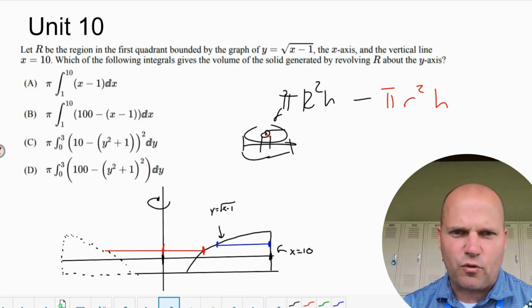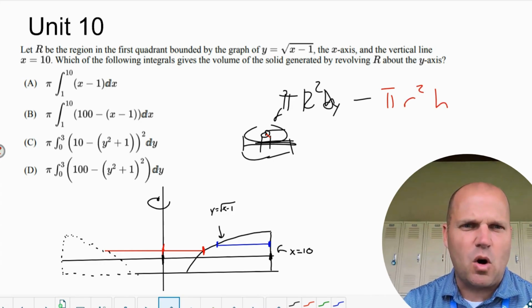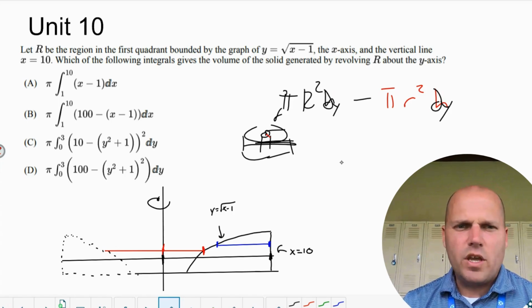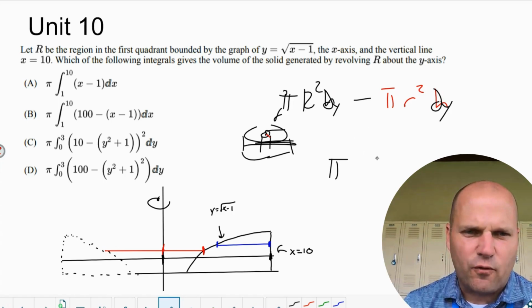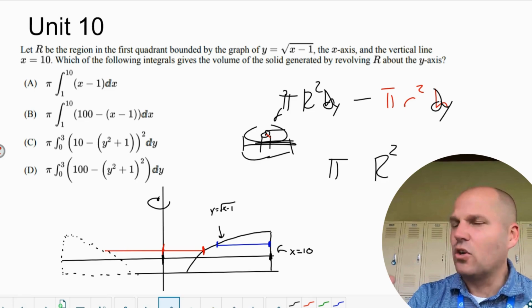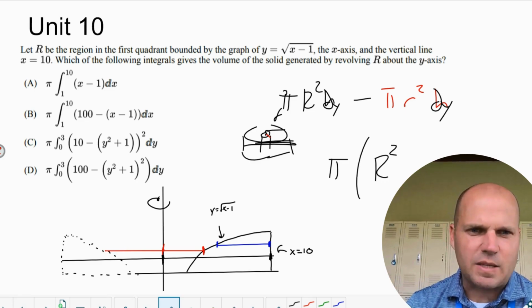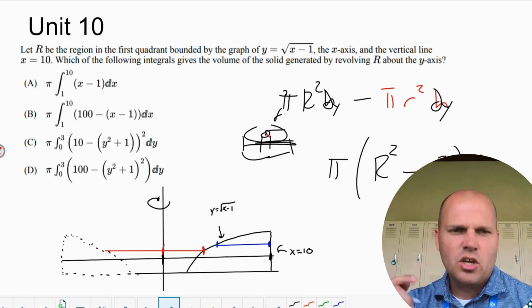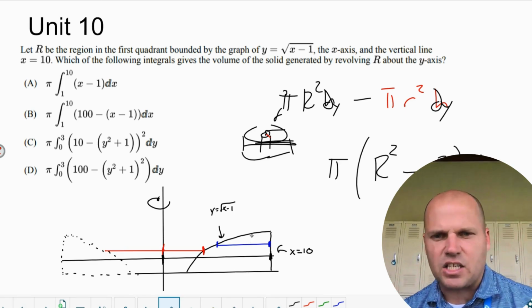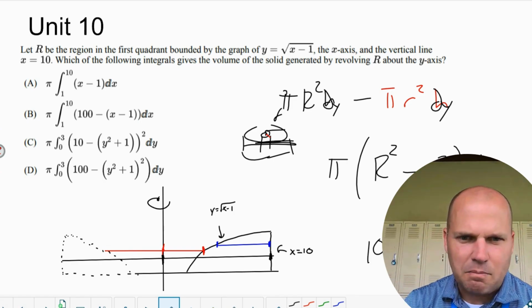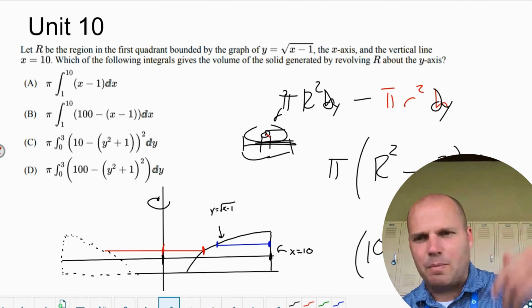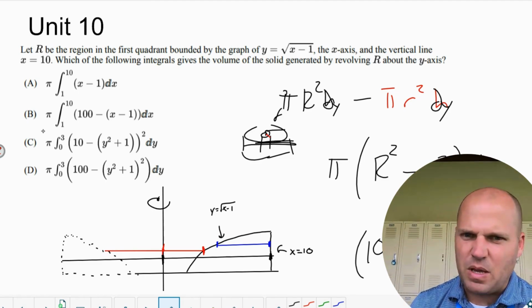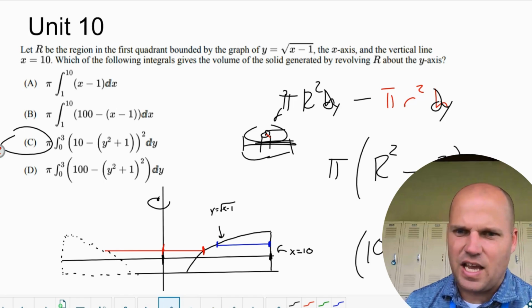We realize if this was flat, that h is a very small y distance. We realize that the formula for a cylinder with a hole in it could be looked at as pi times big R squared minus small r squared, times h. So a lot of people think it's going to be right minus left squared, or top minus bottom squared. A lot of people will do something like this.